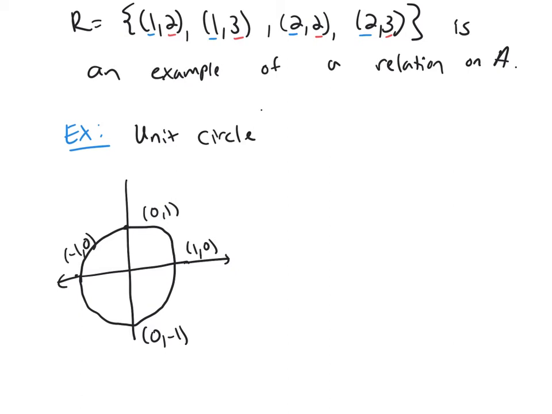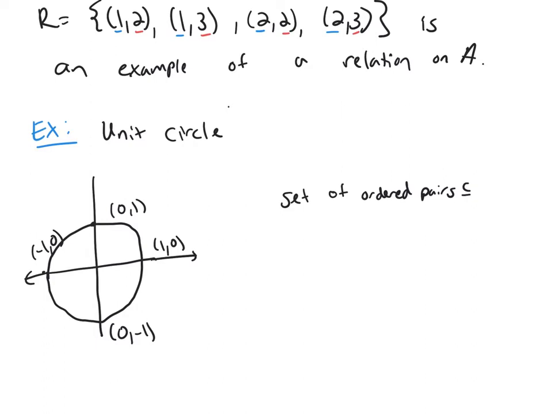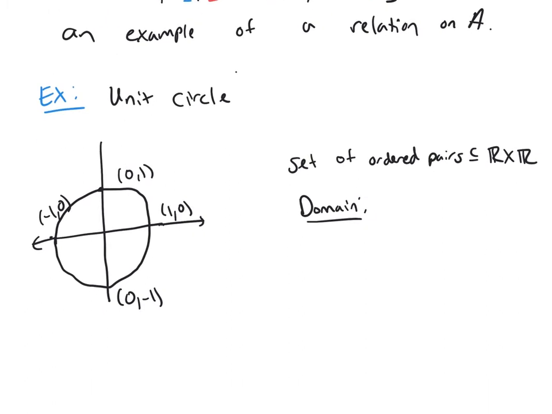So the unit circle consists of ordered pairs that are contained in the space R cross R. And so we can talk about the domain of the relation that describes the unit circle.